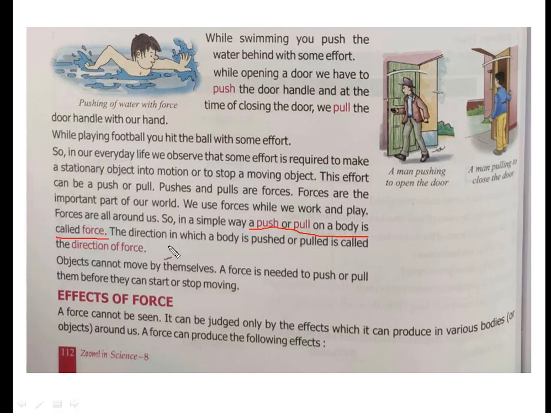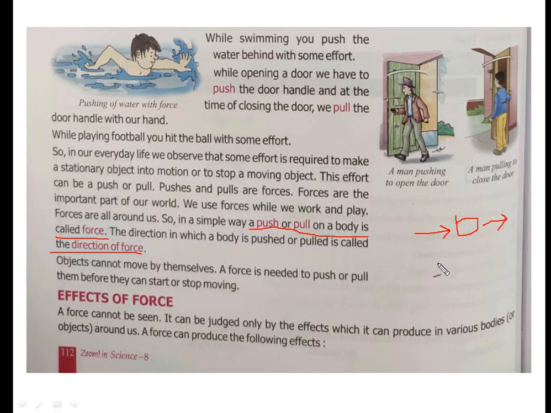The direction in which a body is pushed or pulled is called the direction of force. So what is the direction of force? Suppose this is an object. You are pushing the object in this direction. If you push the object in this direction, the object will move in the forward direction. So this direction is known as the direction of force.